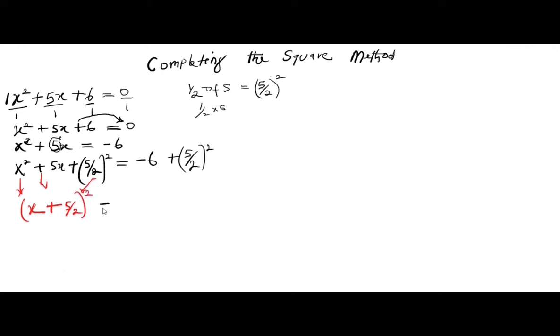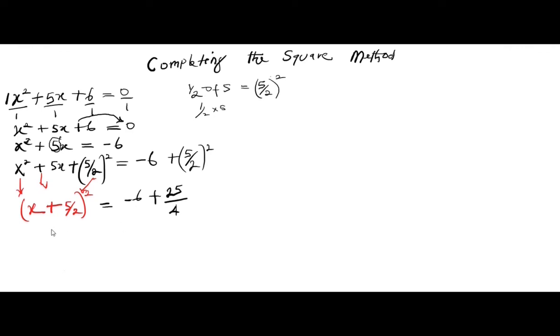So equals to, here we have negative 6 plus 5 over 2 all in squared is 5 squared all over 2 squared. So you have something like 25, because 5 squared is 25, divided by 2 squared is 4. So this is what we are going to have here.